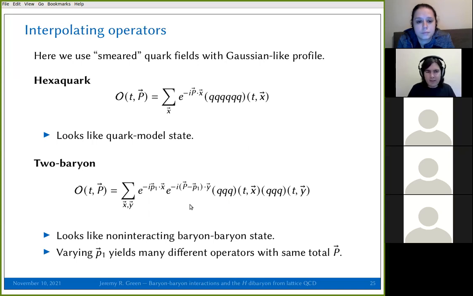The other is what I'll call a 2-baryon operator, where it looks like one baryon with momentum P1 and the other baryon with momentum P minus P1. Here you can get many operators because you're varying the relative momentum of the 2 baryons. And this one looks something like a non-interacting state, 2 baryons.